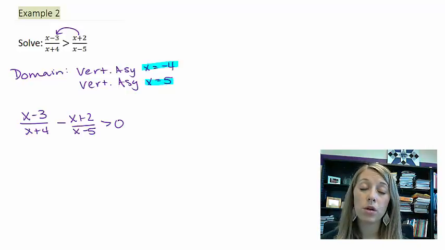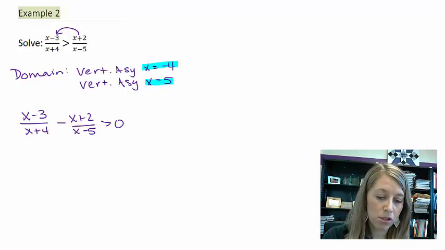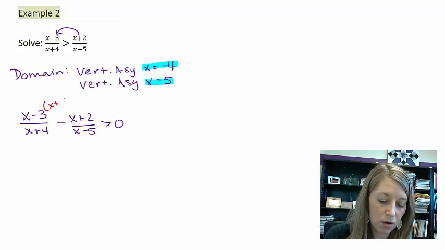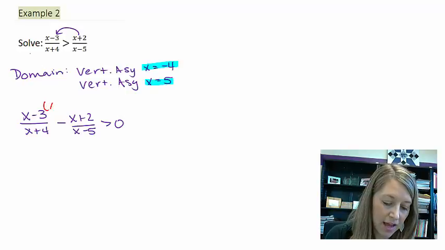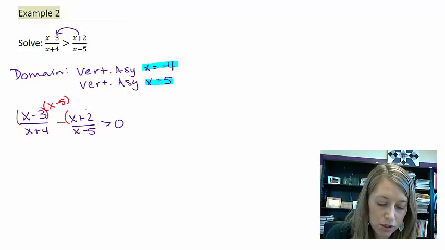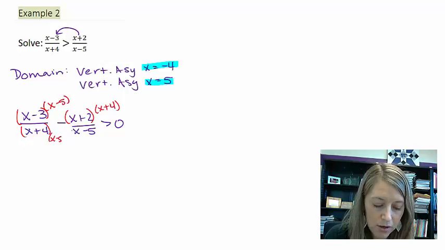So when we are doing that sign chart, we can plug it into a simplified piece. So I'm going to multiply this fraction over here by x minus 5. And I'm going to multiply this fraction over here by x plus 4. And we need to multiply those in both the numerators and the denominators.